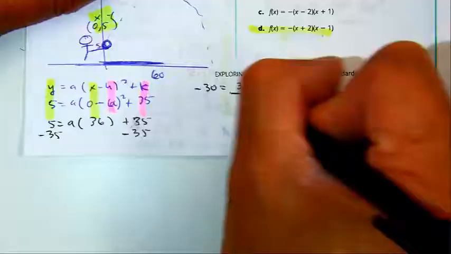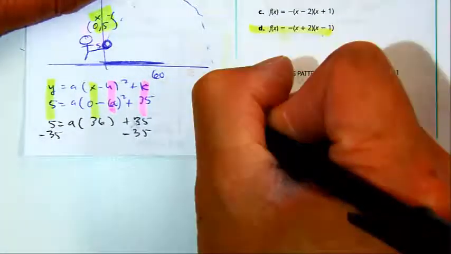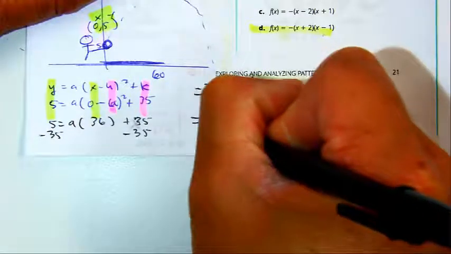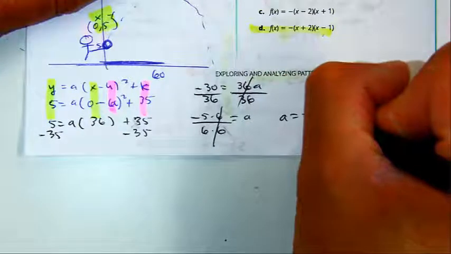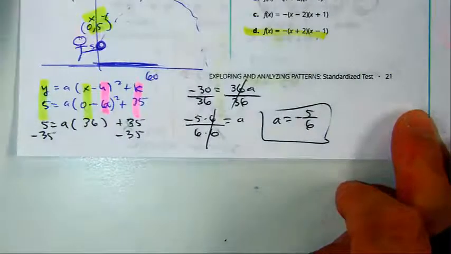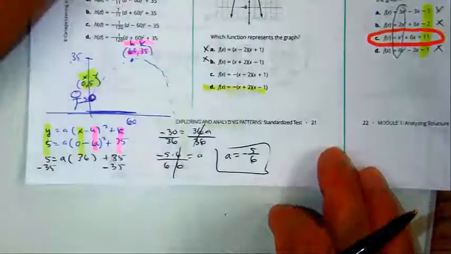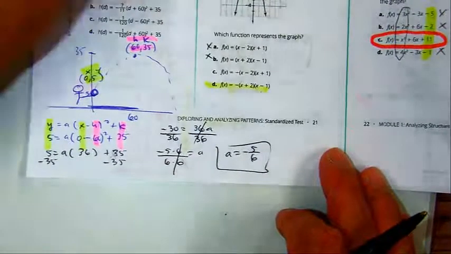If I divide by 3600 on both sides, you get negative 5 times 6, and then 6 times 6. So our 6's cancel. A is negative 5/6. And that's not one of my answers. Let's see. Double check.